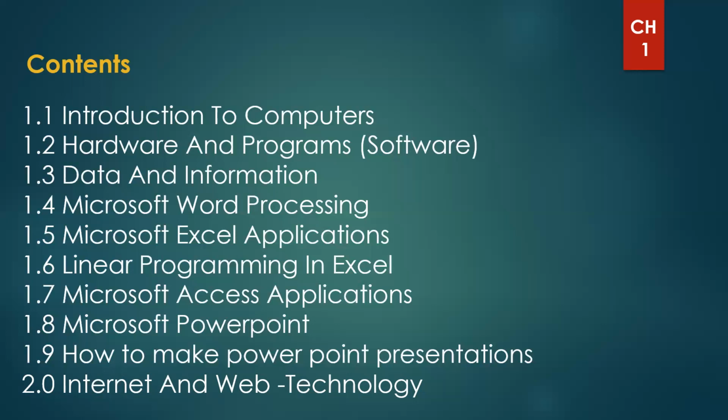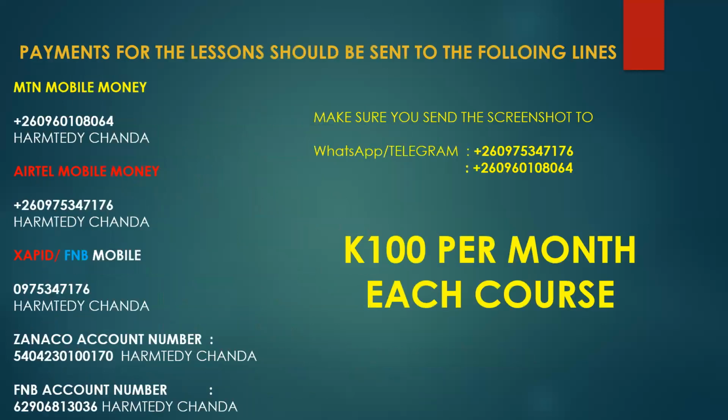So just make sure that you make this simple payment, which is just 100 kwacha. For all my tuitions, I always charge 100 kwacha per month. Now since this is a short course, you still pay 100 kwacha because I'm going to teach a lot of things. All right, so these are some of the accounts that you can use to send the money. Just make sure that when you send the money, you send me the screenshot, and I'm going to create a new group where I'm going to add only those people that are ready to start learning with me tomorrow.